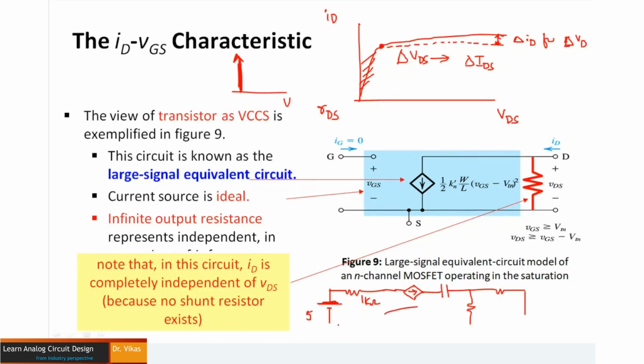This is my simple network. If I ask you to analyze this network, you will apply either KVL or KCL. You form the loops and analyze the entire circuit by appropriately applying KVL or KCL. You find the node voltages and the loop currents.